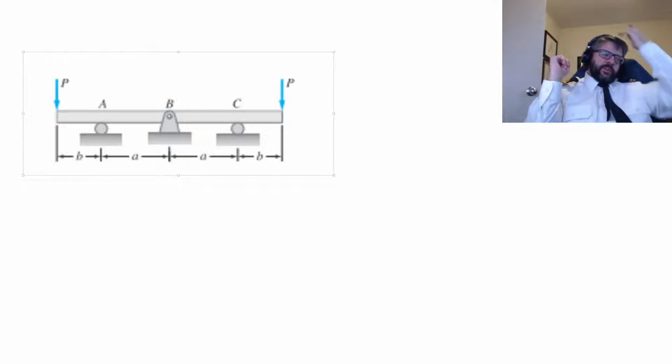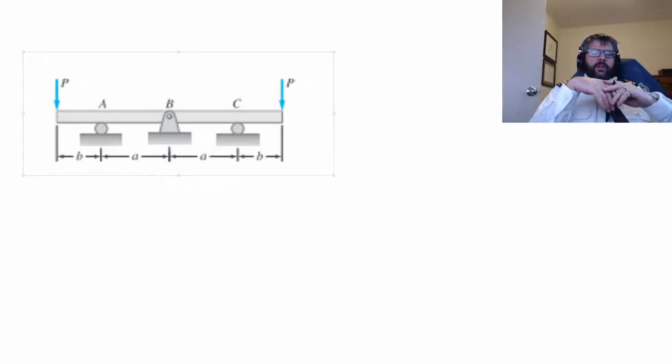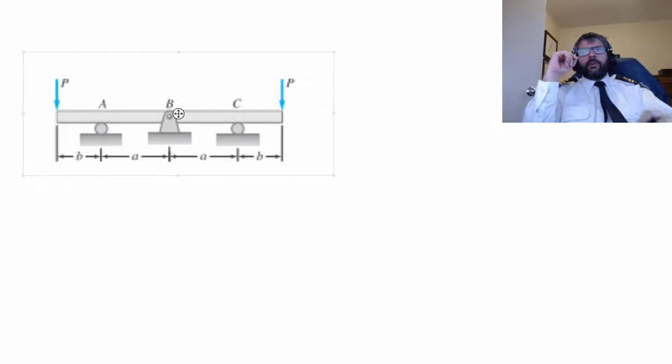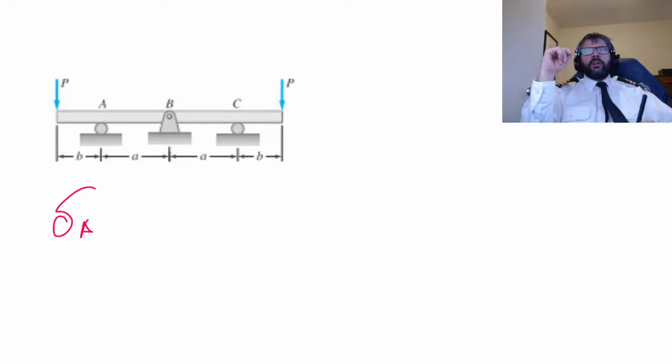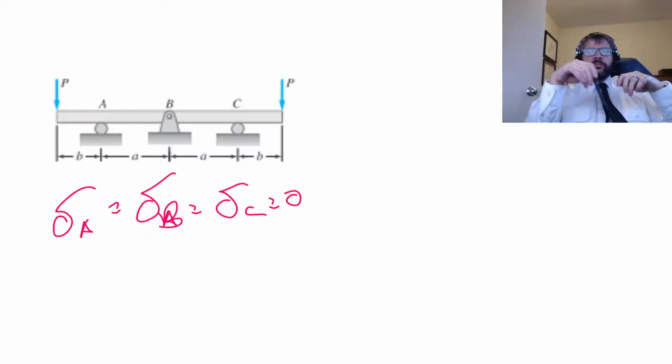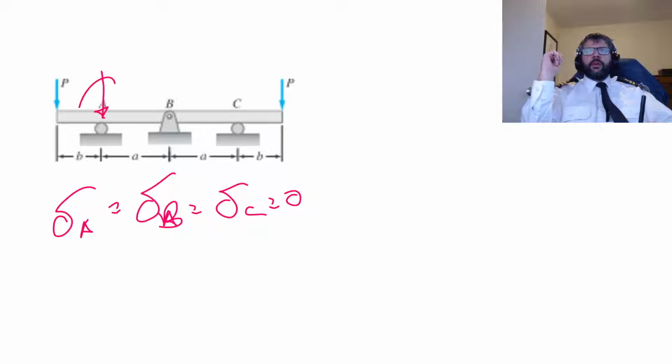Now, for an overhang, as long as we're not worried about what the slope is right here, which we're not, because our compatibility conditions are going to be the displacement at A needs to be equal to the displacement at B needs to be equal to the displacement at C, which is equal to 0. Then we can essentially replace these forces here with an equivalent force moment couple.